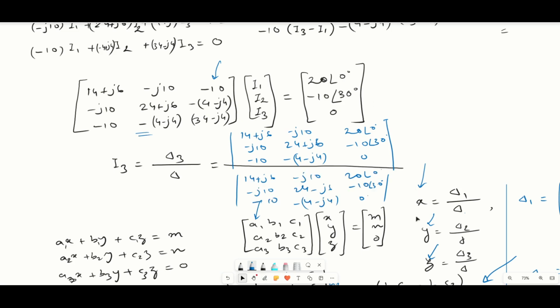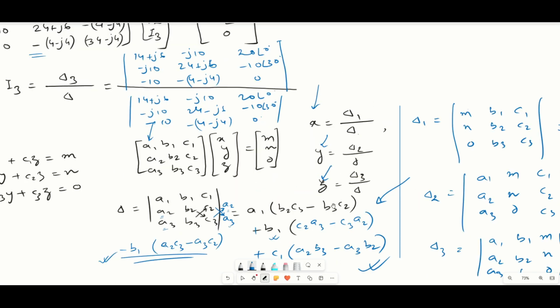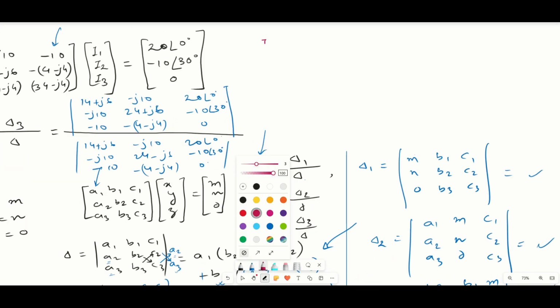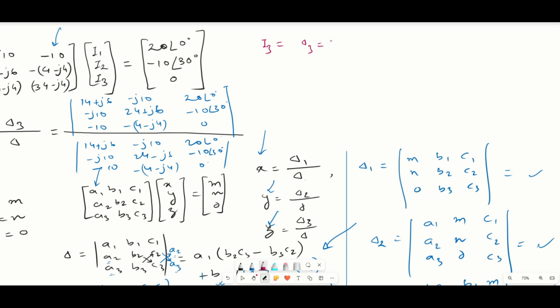Now if we solve this as we mentioned here, then I3 equals, for the upper term, the delta 3 term, so first let us calculate delta 3. For delta 3 it will be 14 plus j6, then these two terms will be 0 minus these two negative terms, so it will become positive.